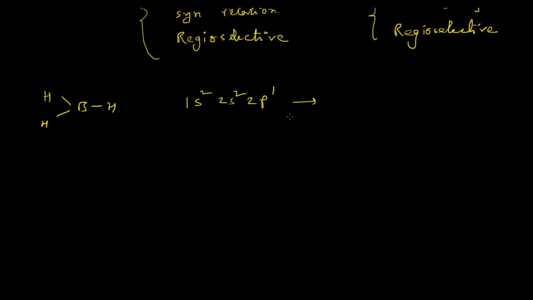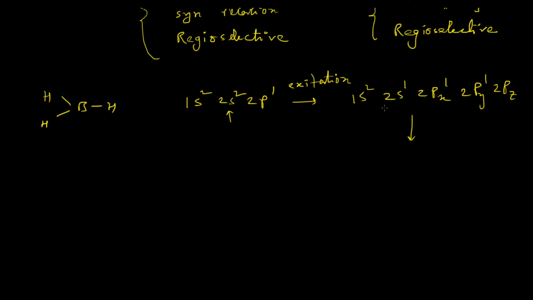During hybridization, or to make covalent bonds with other elements, it essentially unpairs the two electrons of the 2s orbital and attains this electronic configuration. During this process, the 2pz orbital remains vacant. So the first step is the excitation.